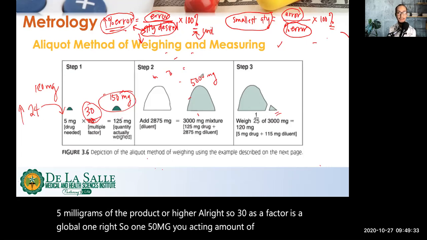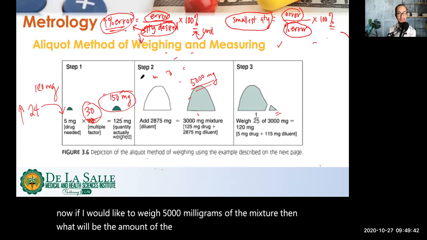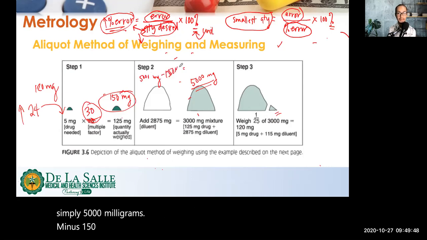Now, if I would like to weigh 5,000 milligrams of the mixture, then what will be the amount of the diluent? It's simply 5,000 milligrams minus 150 milligrams, which is equal to 4,850 milligrams of the diluent.